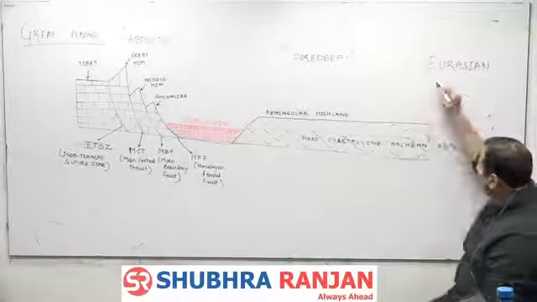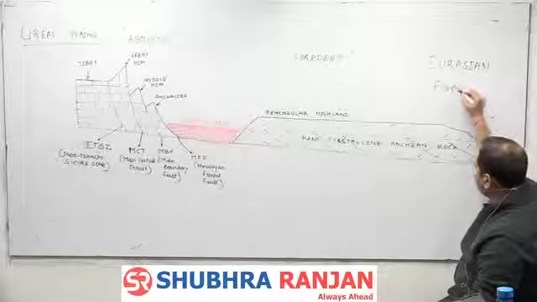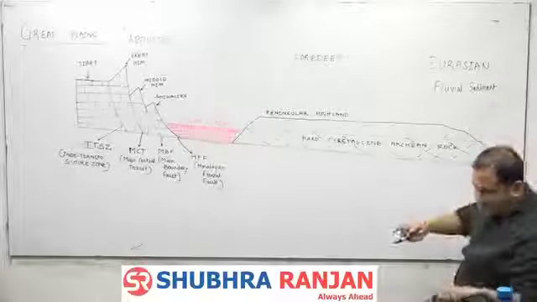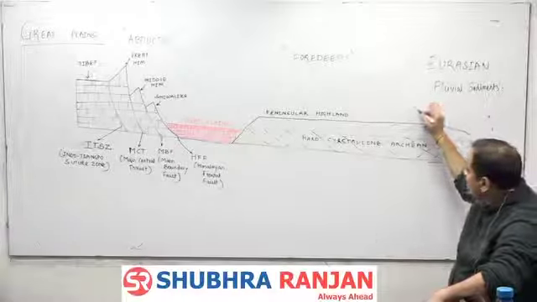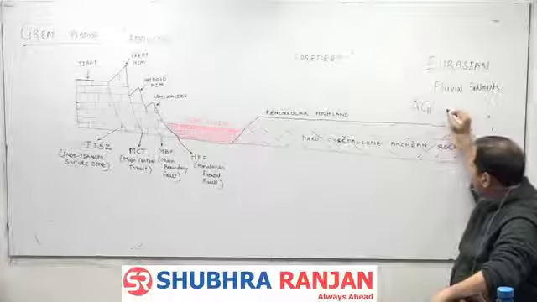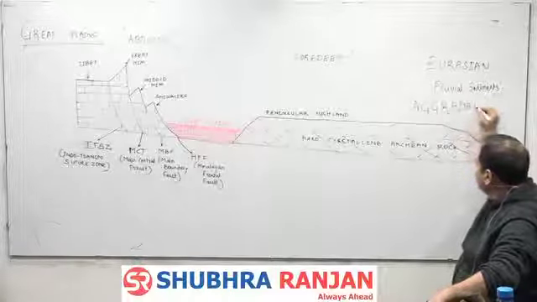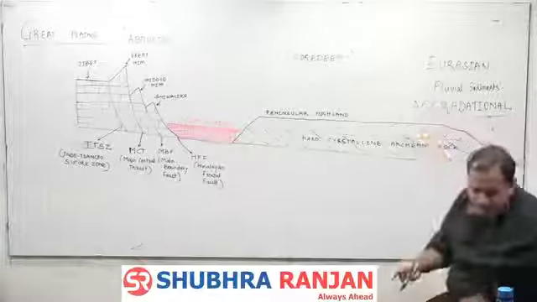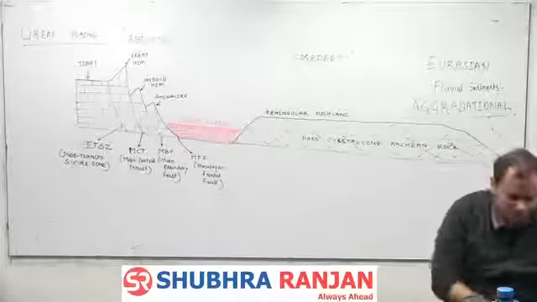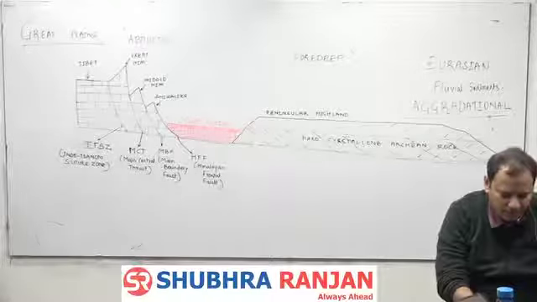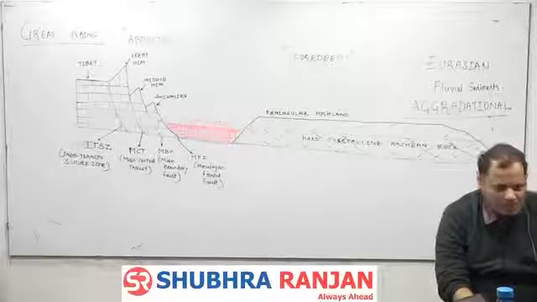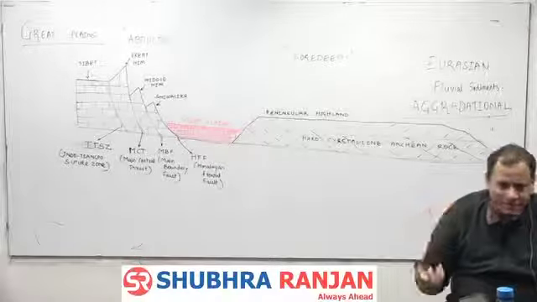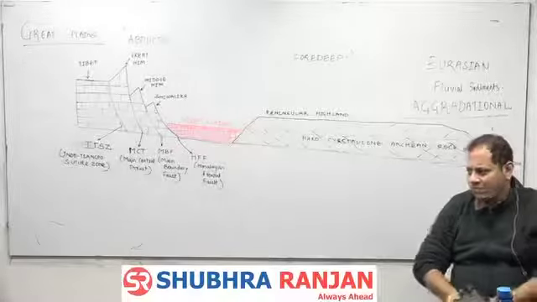Fluvial मतलब brought by rivers, and hence they are known as aggradational or depositional plains. Aggradation मतलब collection, किसका? Deposits का. So aggradational or depositional plains.